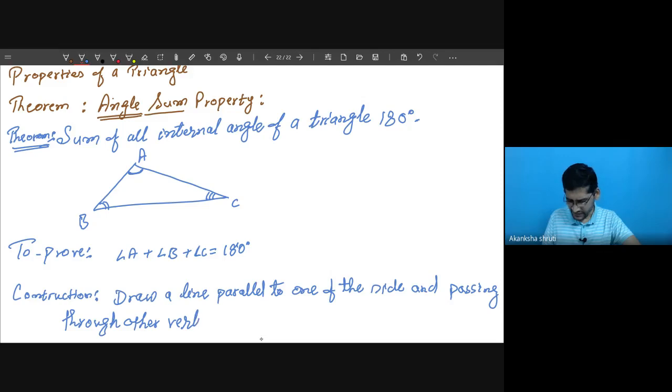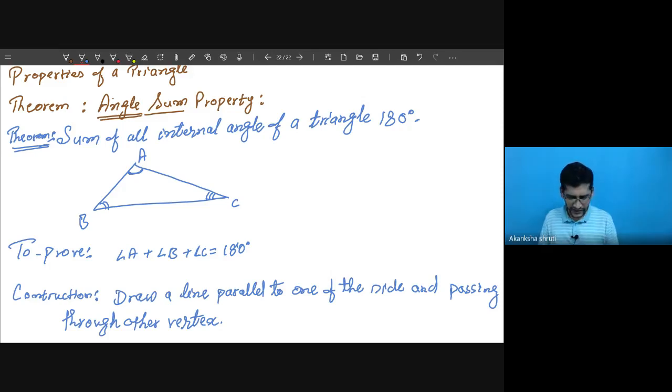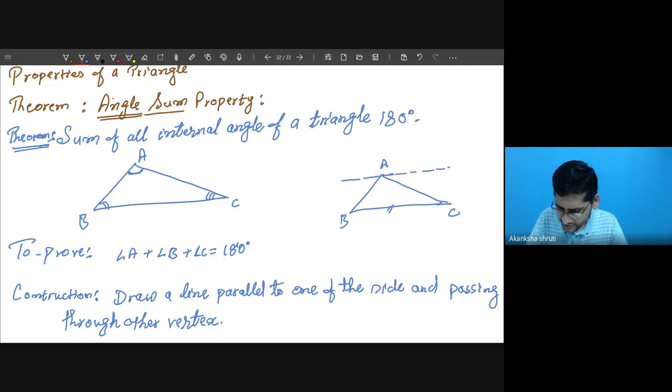Tell me, from which vertex should we draw a line that is parallel? You may draw at A or at B or at C. If you want to draw at A, through this A we want to draw a line which is parallel to this BC, it should be like this one. You may draw it dotted. Then this will act as a transversal.